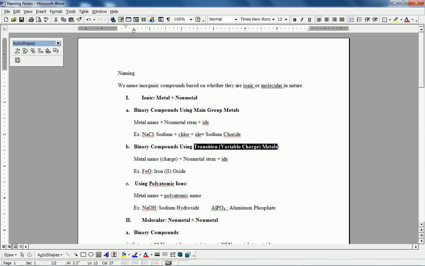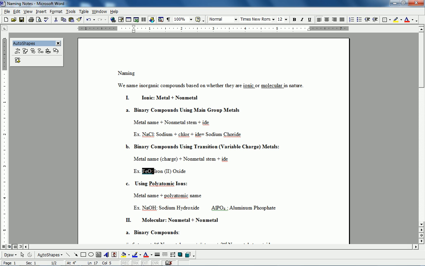So we need to make sure that we give the charge of the metal in the name, and that way when we read the name we know which version of that metal we are actually using in this compound. So again, it's name, stem, ide with a charge. Metal name, give the charge so we know which version. Nonmetal stem, suffix ide.